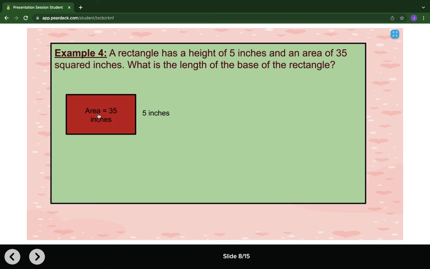I want you to draw this rectangle and write area equals 35 square inches, because that is my important information. I also know that the height is 5 inches. So if this side is 5 inches, this opposite side also has to be 5 inches. We need to find the base, which is the one laying down right here.